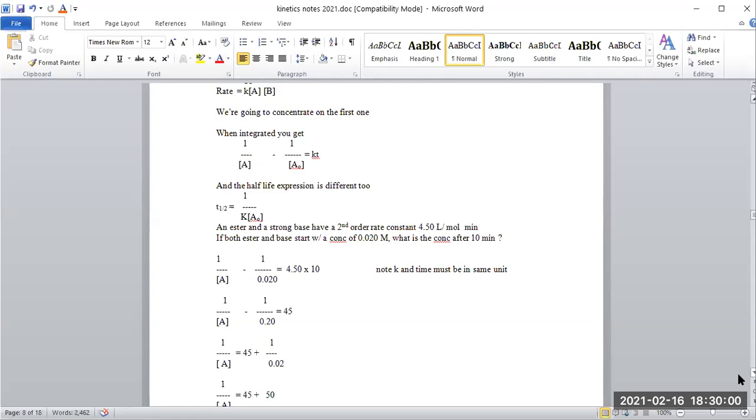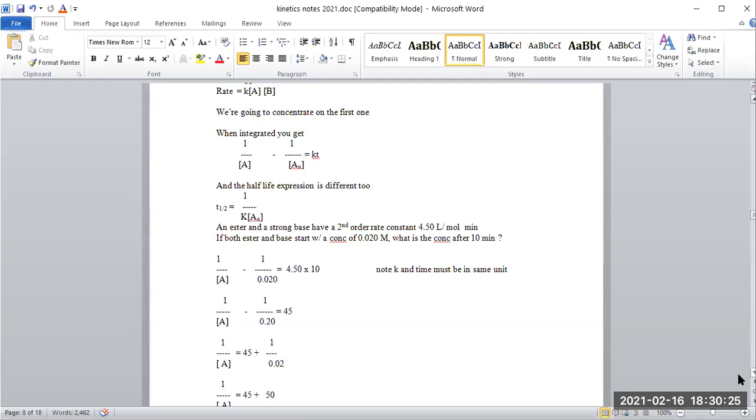Make sure your time and your k have the same unit. In this case, I have minutes. So I can multiply the two of them together. That will give me liters over moles, and the minutes get canceled out. So 4.5 times 10 gives you 45.